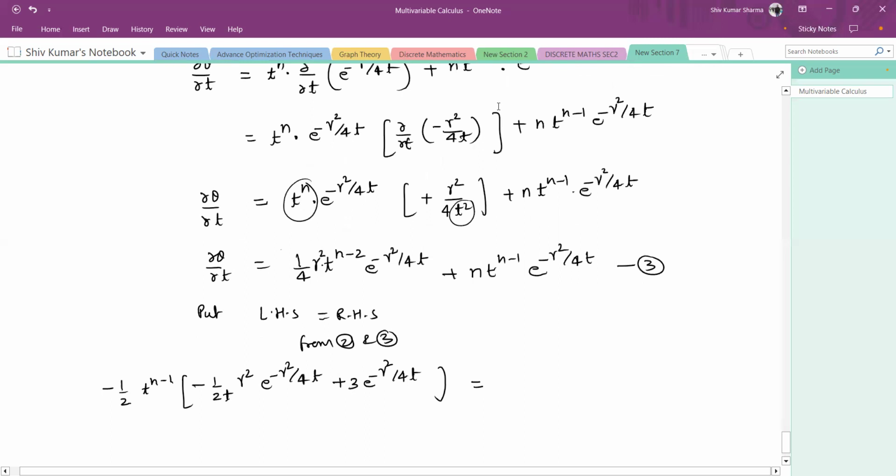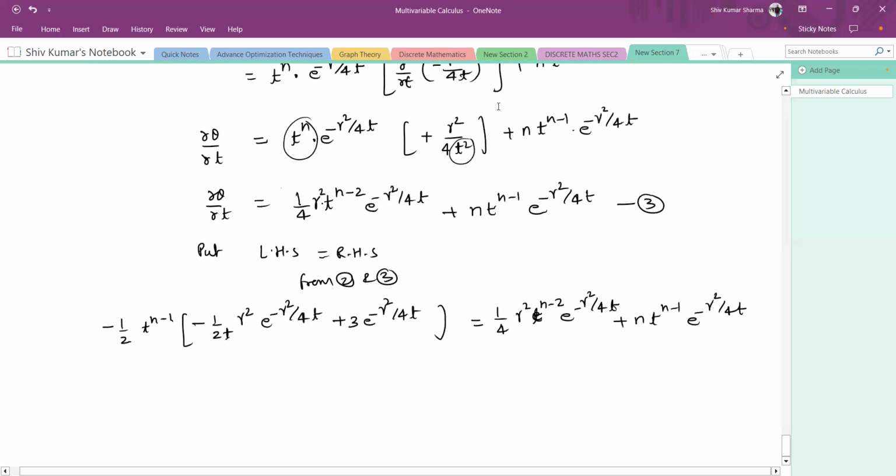So this equals this RHS part: 1 by 4 r square t raised to the power n minus 2 e raised to the power minus r square upon 4t, plus n t raised to the power n minus 1 e raised to the power minus r square upon 4t. So now we solve this LHS.